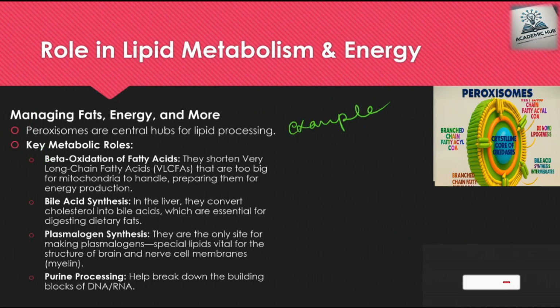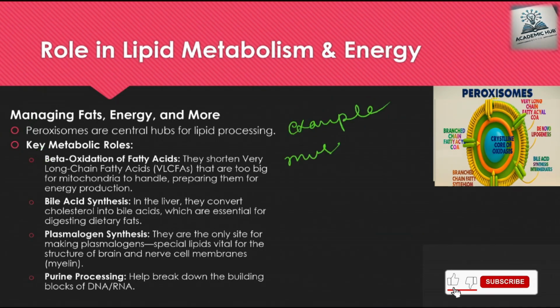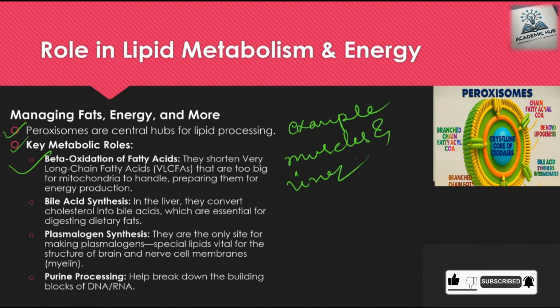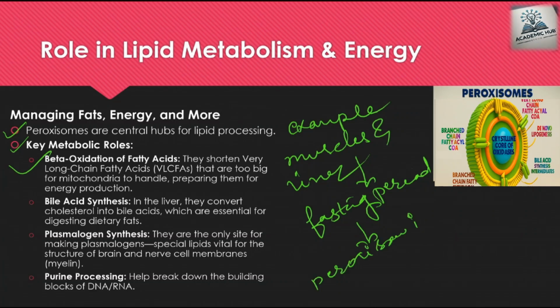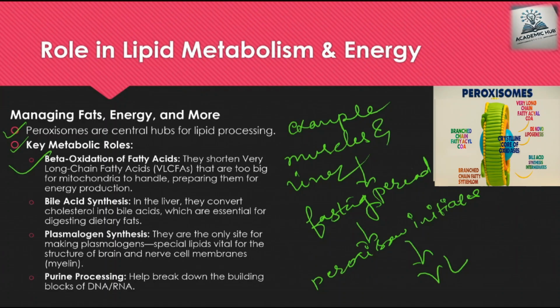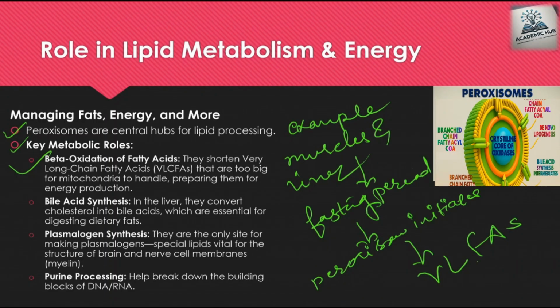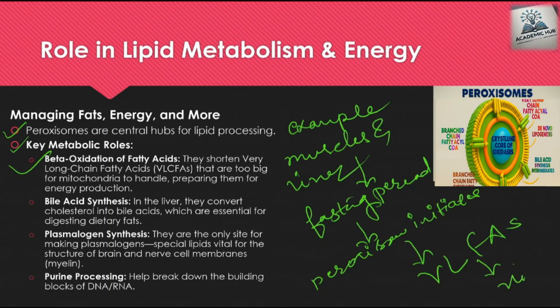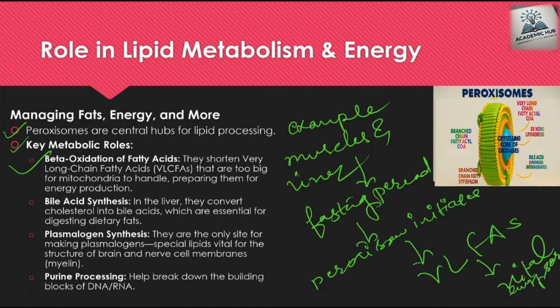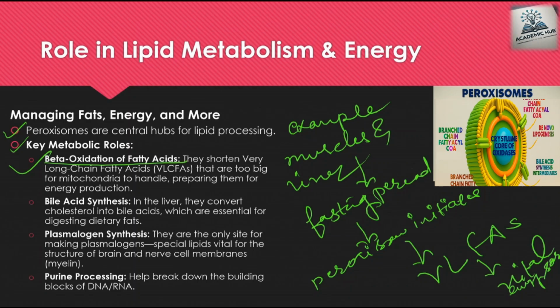For example, in muscle and liver cells, during periods of fasting, peroxisomes initiate the breakdown of very long chain fatty acids to provide a vital energy source. So this is how beta oxidation of fatty acids occurs.